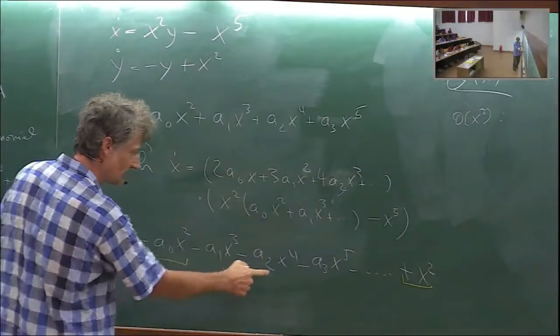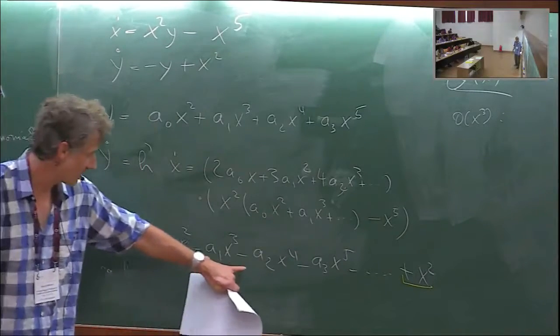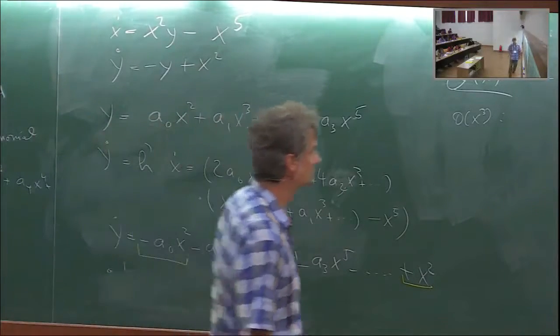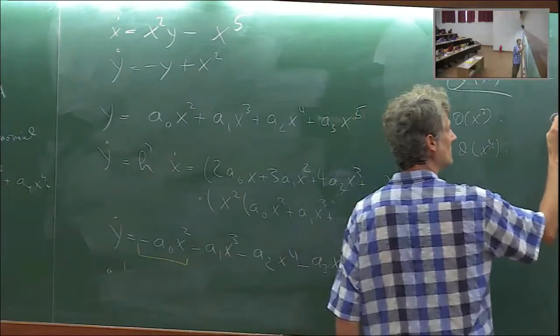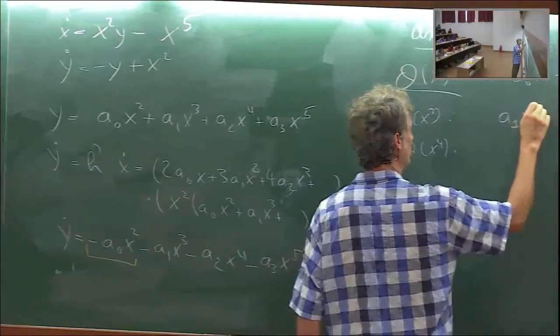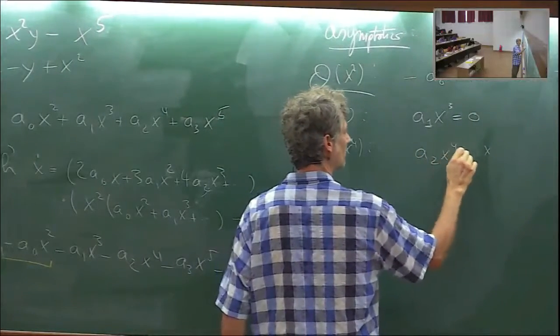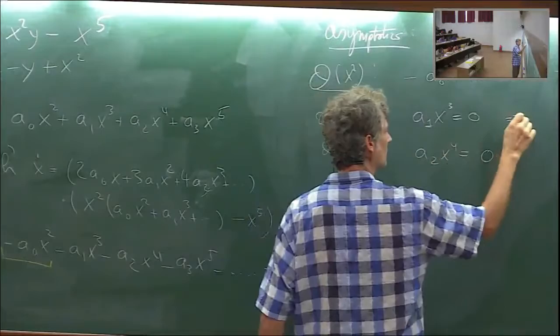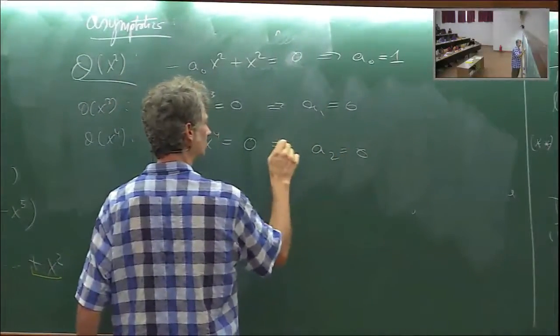So this term and this term, they have no other term to balance. So a1 and a2 have to be 0. So a1 x cubed equals 0 and a2 x to the 4 equals 0. So a1 is 0 and a2 is 0.